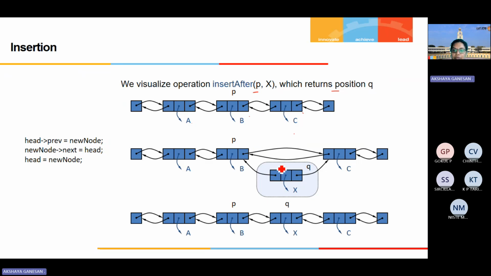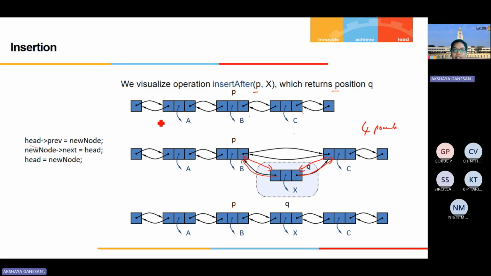This is pointing to this, and this will be pointing to this. Now I have to change this to be pointing to this, and I have to change this to be pointing to this, and this to be pointing to this, and this to be pointing. So 4 pointers I have to change values to insert in between.